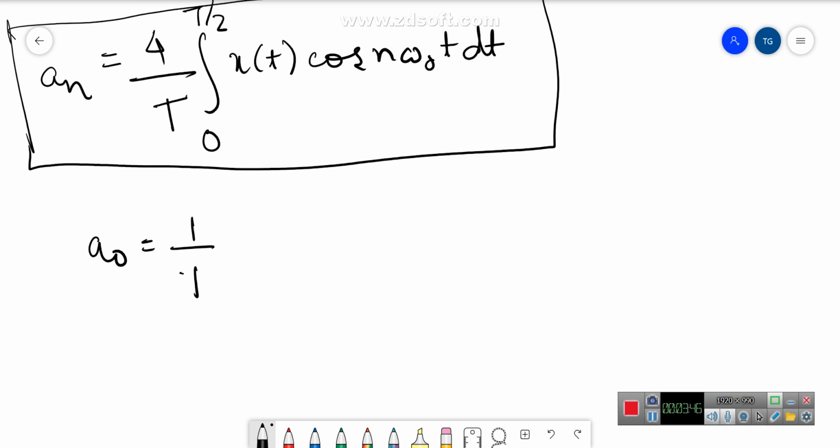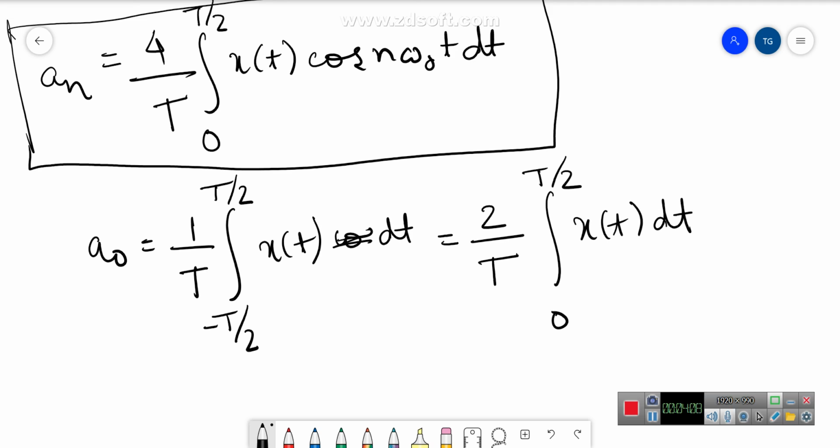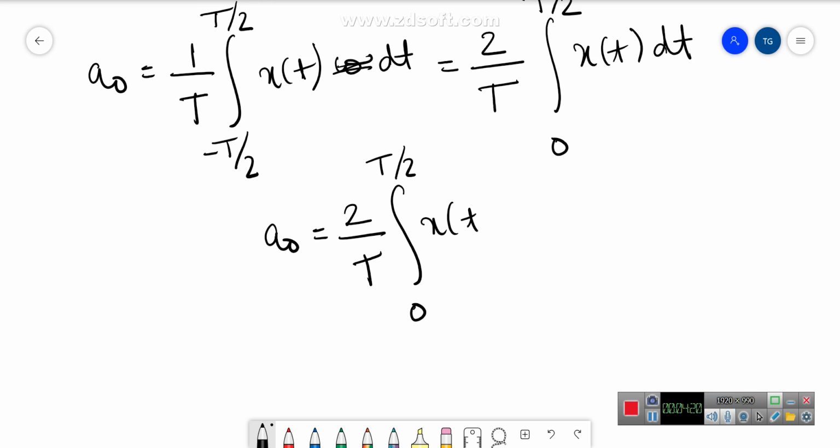We know the equation for a naught: 1 by T, integral from minus T by 2 to plus T by 2, x of t dt. So we can write similarly 2 by T, integral 0 to T by 2, x of t dt. This is how I can express my a naught when it is an even function.